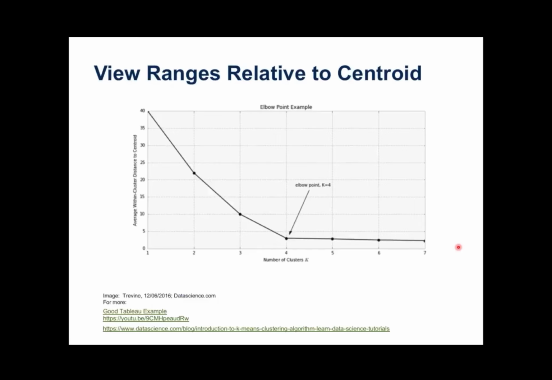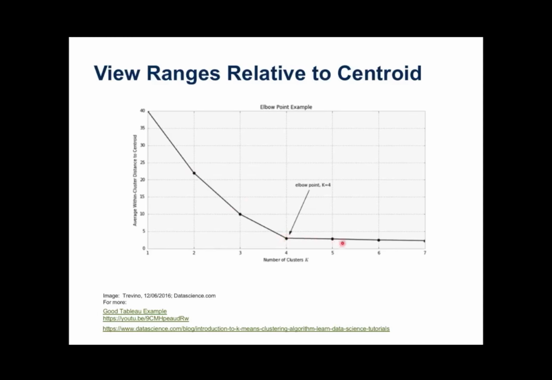One of the ways that you can know that you're starting to get a model that's overspecified could be that it's not really adding any more value to ask for more clusters. And so you can get a chart that will show you the average within cluster distance to the centroid. In other words, how well 2 clusters are at defining every single point in the data set, or 3 clusters, or 4 clusters.